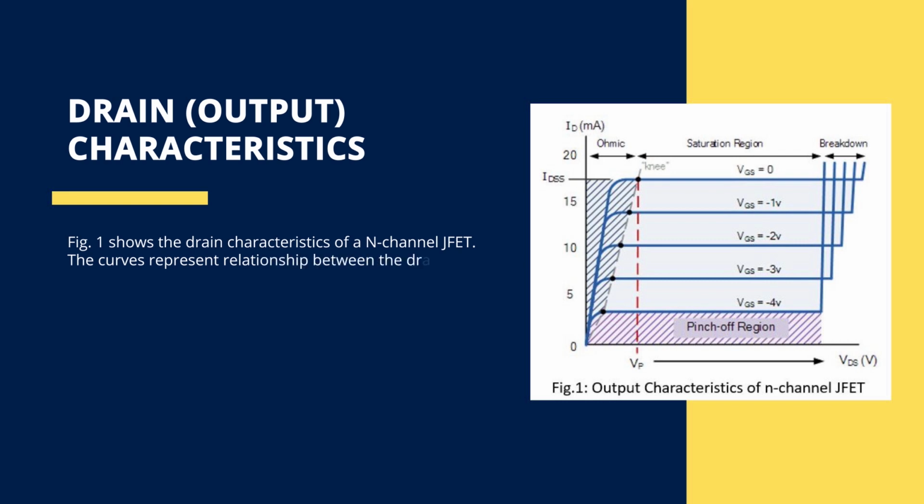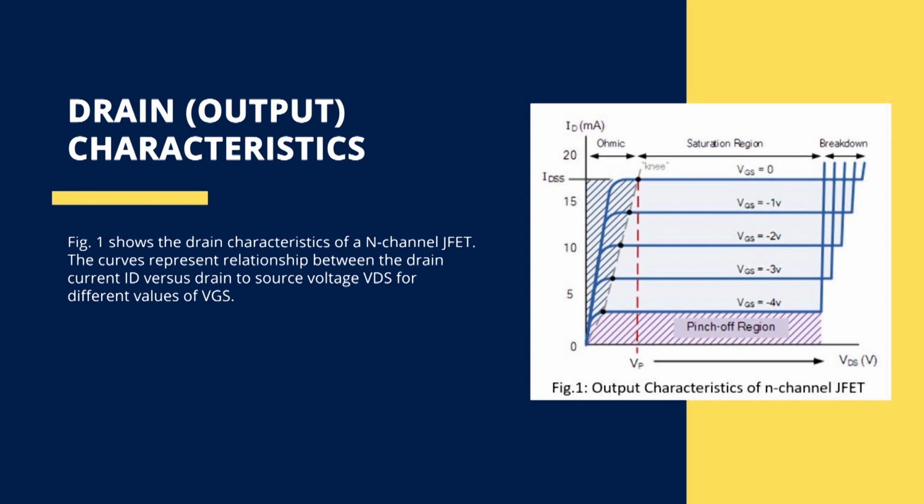The curve represents the relationship between the drain current and the drain voltage for different values of gate voltage. Here in this curve we can see the output characteristics. Output characteristics are also known as drain characteristics. These are the characteristics for an n-channel JFET.